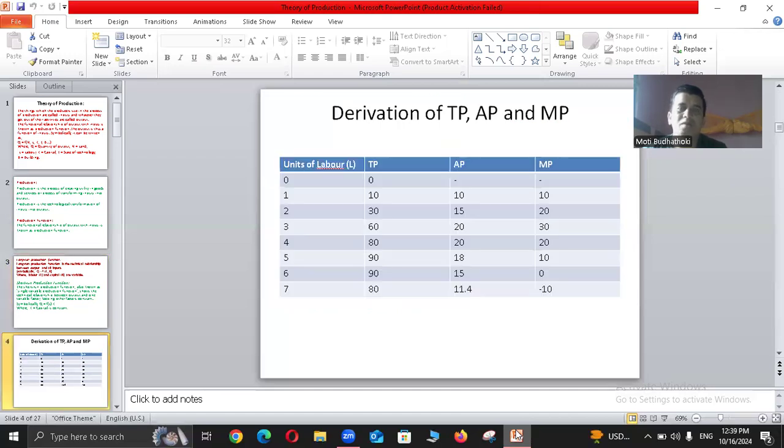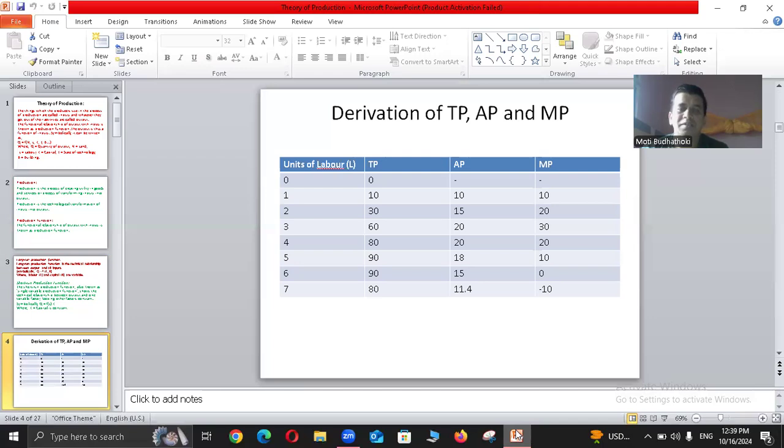And now, how can we derive total product, average product, and marginal product? We can imagine an imaginary table, and in the first column we write units of labor: 0, 1, 2, 3, 4, 5, 6, 7, up to 7 units.